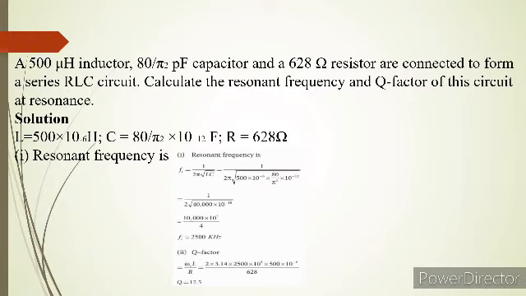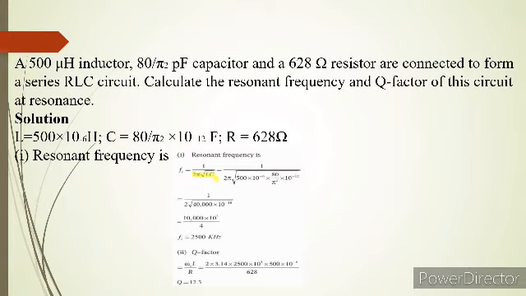The first thing we'll find is the resonant frequency. The formula is fr equals 1 by 2 pi root LC. We know L is 500 microhenry, and C is 80 by pi squared picofarad.